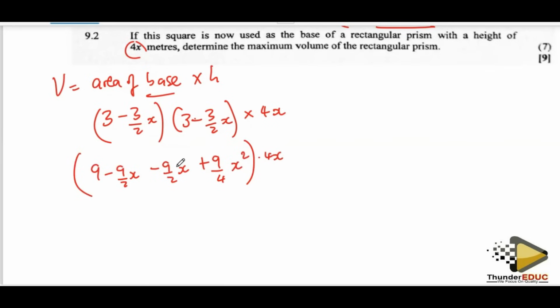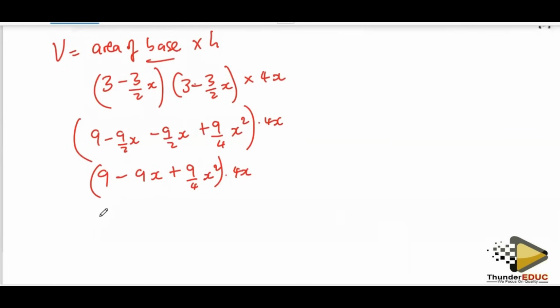When I collect my terms in the middle, it's going to be 9 minus 9x plus 9 over 4x squared, being multiplied by 4x. Then I can open up with the 4x. That's going to be 36x minus 36x squared plus 9x cubed.